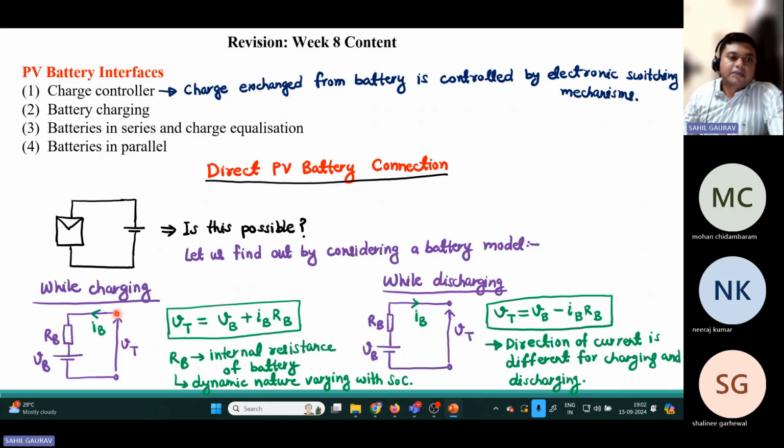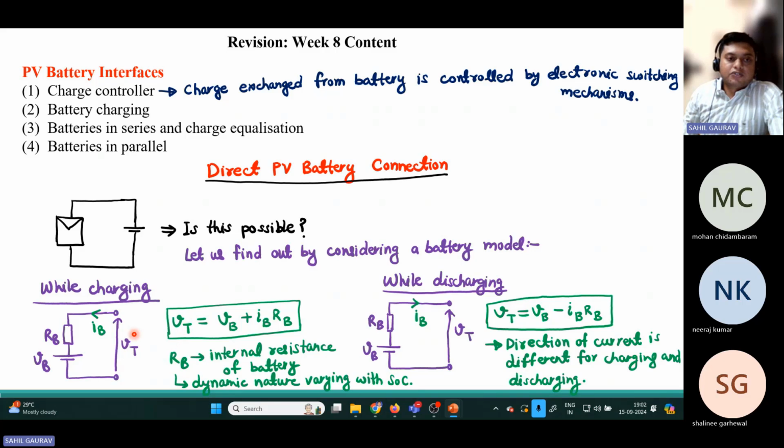During charging, what is the equivalent expression? So we are finding the battery model, and then with this IV curve of the battery, we will superimpose the IV characteristics of this PV module. Then we will see how feasible it is to directly connect the battery with the PV.